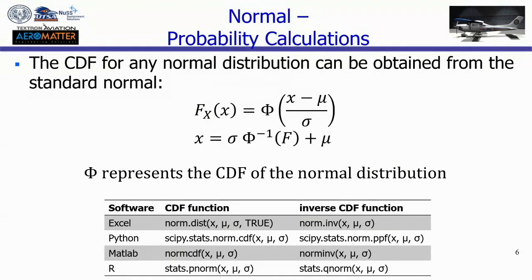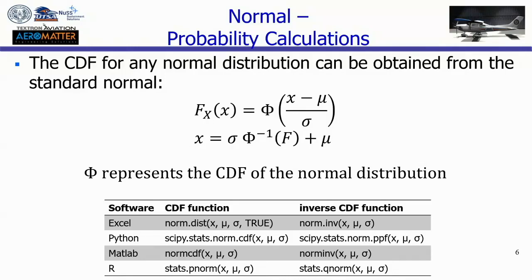We have a table for each of these 4 distributions that shows the common parameterization in Excel, Python, MATLAB, and R. You can see that they're all using mu and sigma parameters. But in Excel, you have an extra parameter that's just a Boolean.